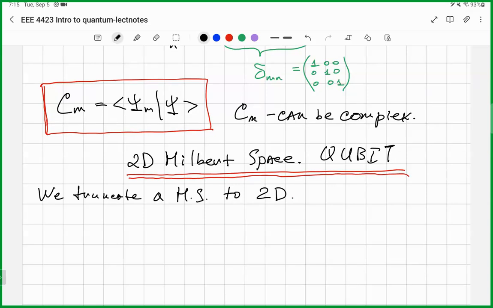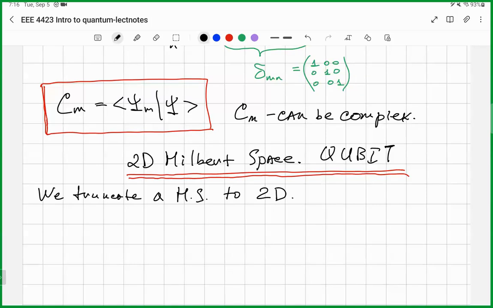As we will see, this truncation is dictated by some physical properties of a system. For example, if a real quantum system consists of many quantum states, sometimes we can consider only two states of a system and omit the others.